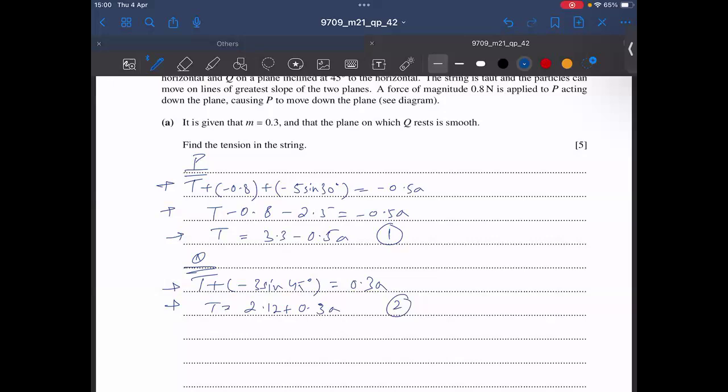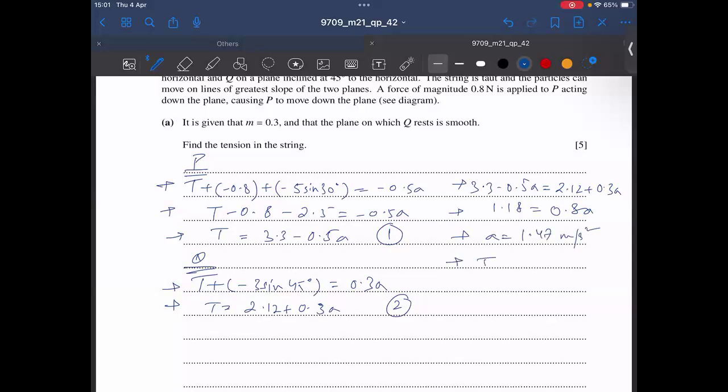When I equate these two equations, 3.3 minus 0.5a equals 2.12 plus 0.3a. So 1.18 equals 0.8a, and a is going to be equal to 1.47 meters per second squared.